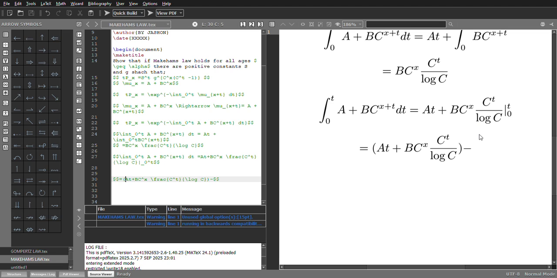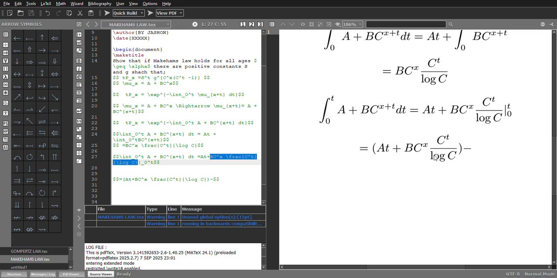So the first part, that a disappears, then we remain with the second part, where we will only have the c raised to t here changing to 1, because anything raised to 0 is 1.